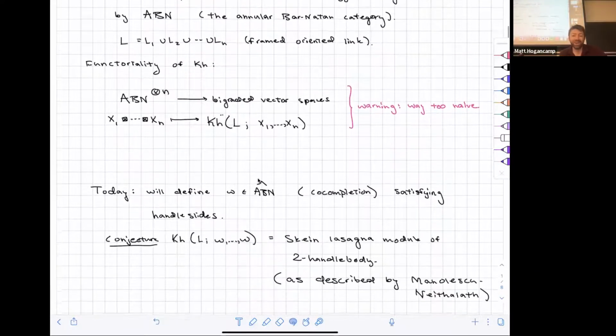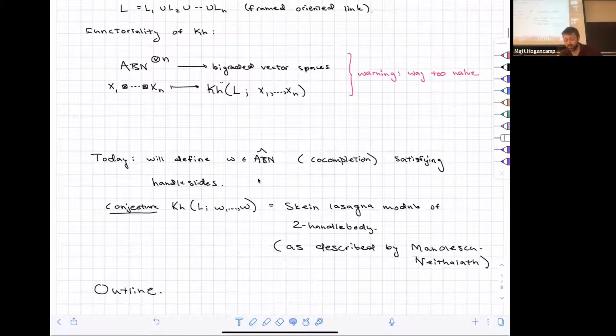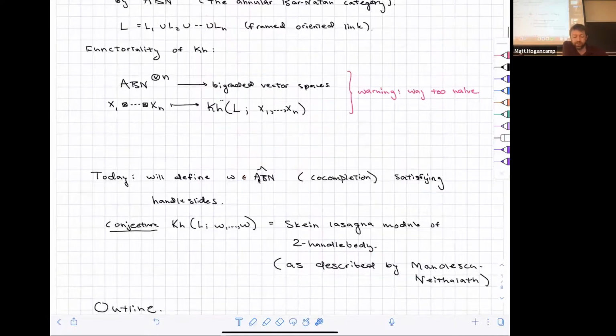Okay. So the goal today is to remind everyone, or define, maybe you'll see this for the first time, the annular Bar-Natan category. And the main motivating thing is I want to have an element in this annular Bar-Natan category which is invariant under handle slides.